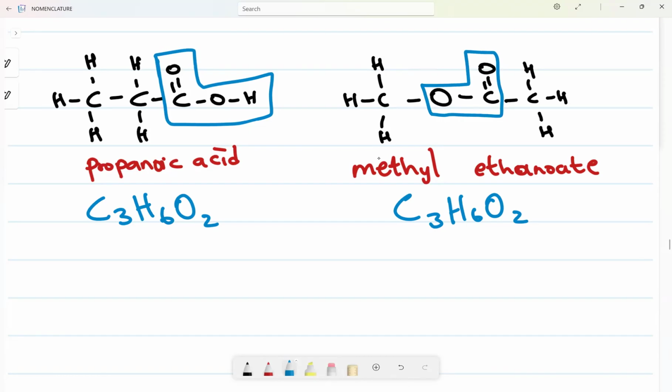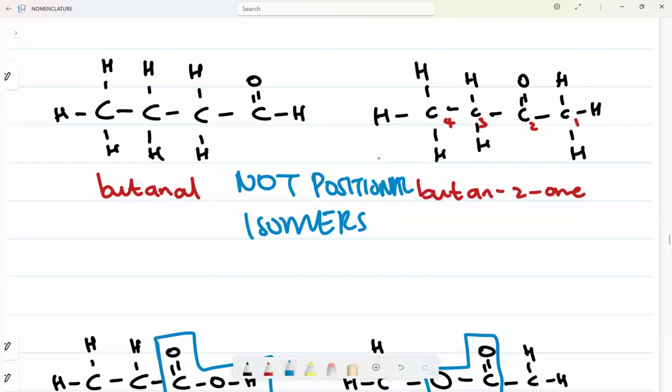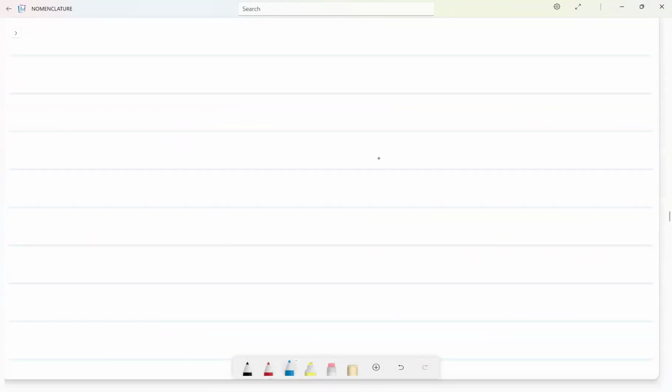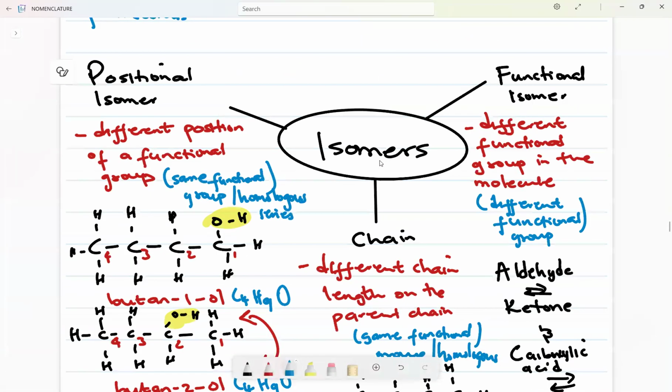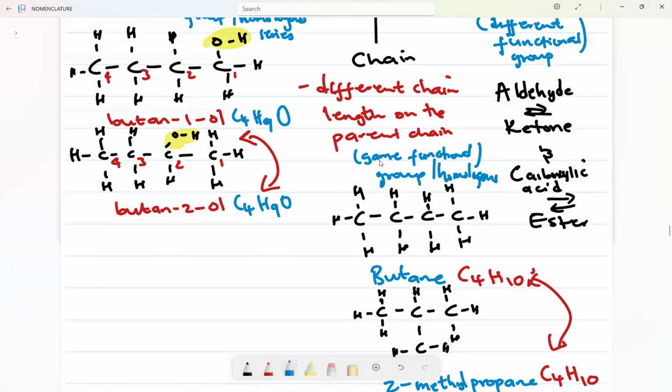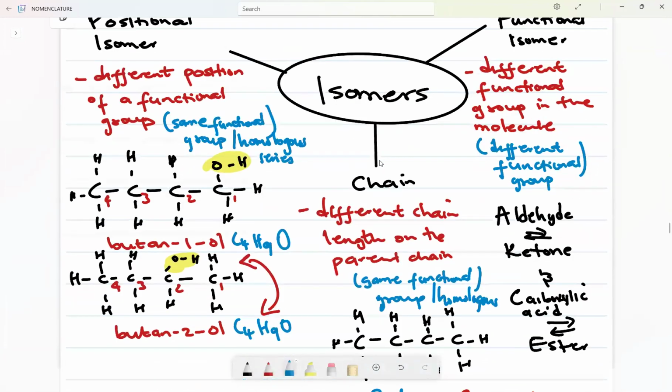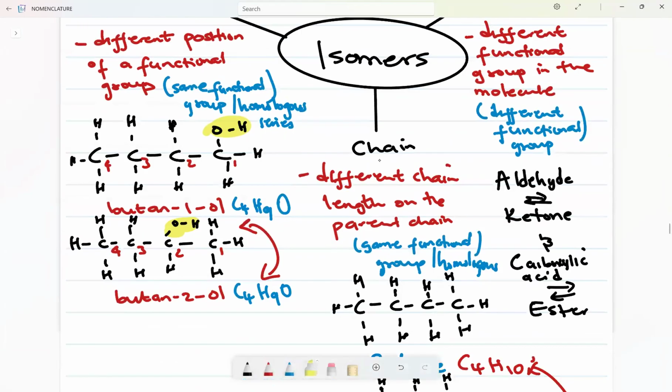Can you see? Indeed. So this is what we referred to as isomers. So isomers is just a very short thing. Now, what's important is you being in a position of knowing how to define them. The definition is very important.